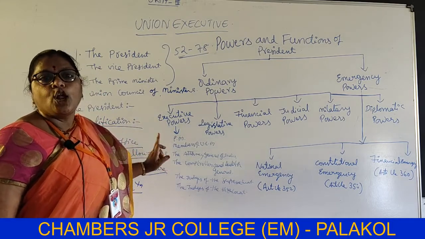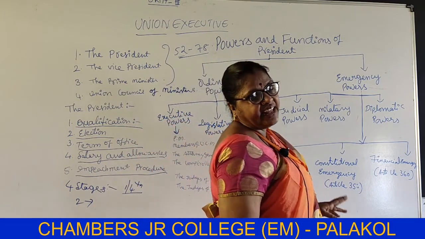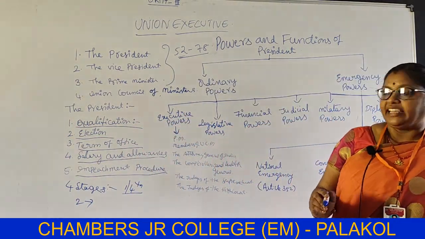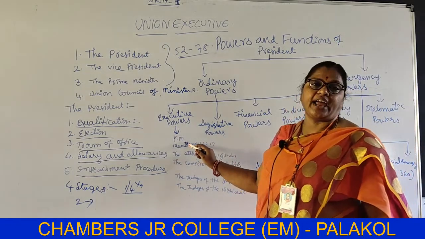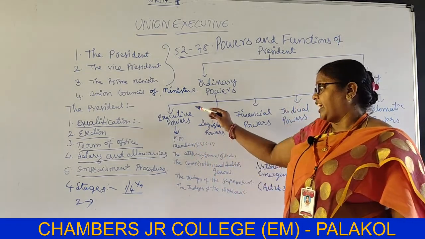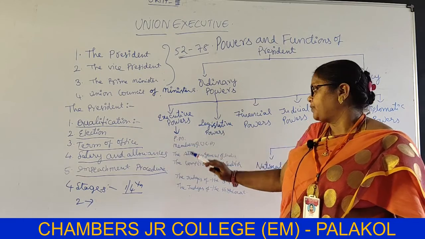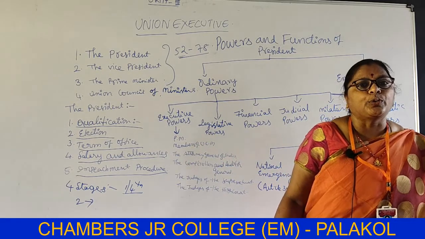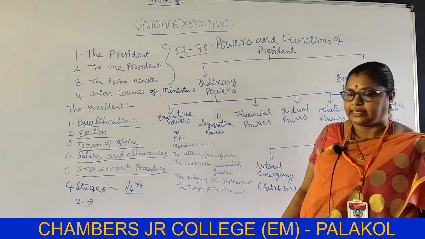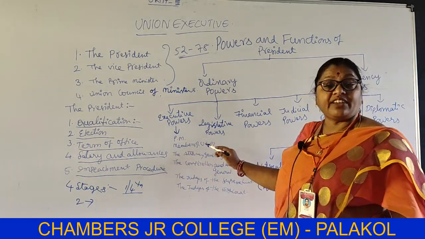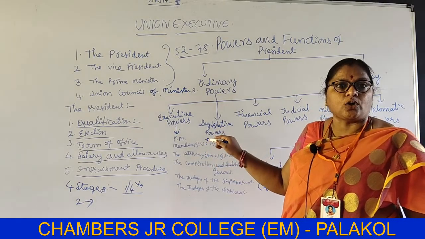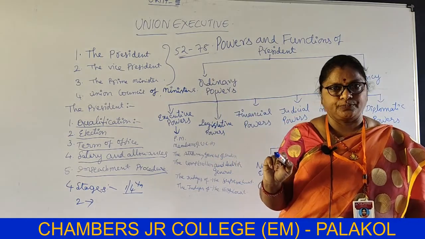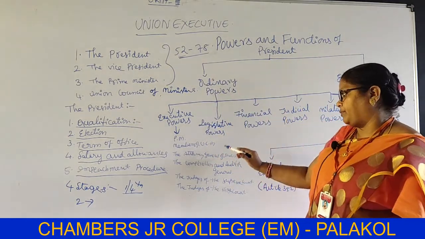First, in the Lok Sabha, the majority party leader, he appoints him as Prime Minister. So he appoints a Prime Minister and next he appoints members of the Union Council of Ministers, by the advice of the Prime Minister.